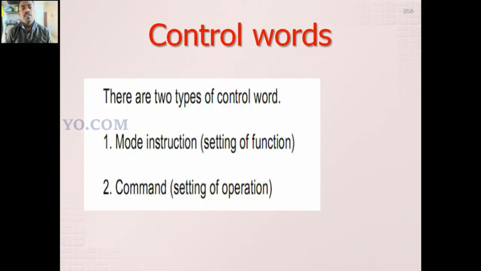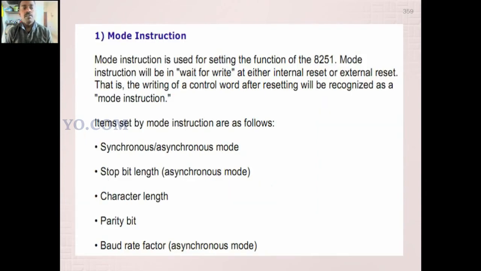Then control words. There are two types of control words used in the 8251. One is the mode instruction and the other is the command. The mode instruction is used for setting the functions, that means setting of modes, and the command is used to set the operations. Let us see the first one, mode instruction.